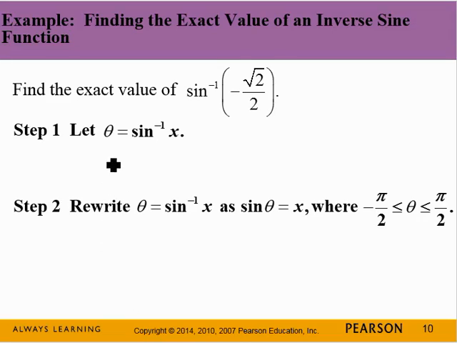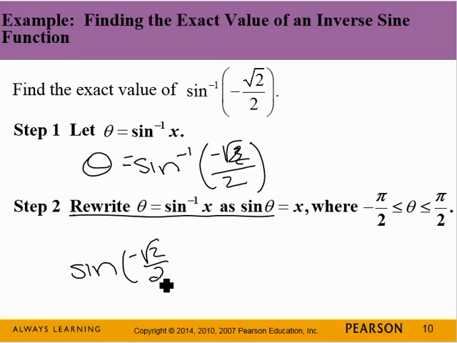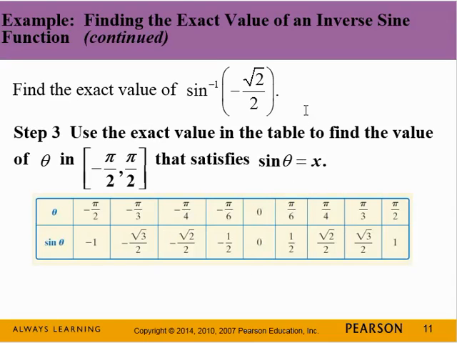In this next example, we're just going to rewrite it again, even though it's up top. Now we're going to rewrite it in its new form: sine theta equals negative square root of 2 over 2. Then you go to your chart and look up negative square root of 2 over 2, which is negative pi over 4.